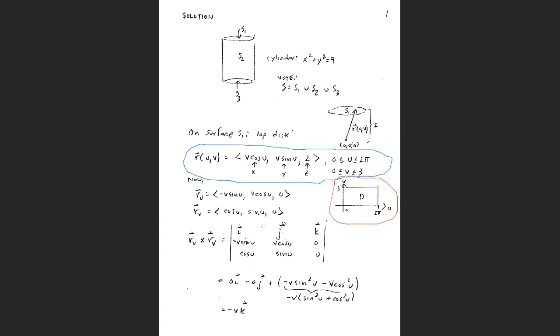So now it's just easy. All I need to do is follow formula 2 from section 13.6. I will compute the cross product of those derivative vectors, r sub u and r sub v. The cross product will equal negative v times k.